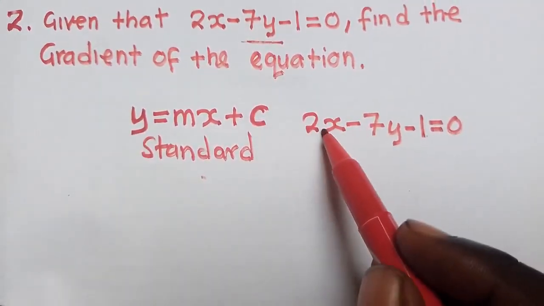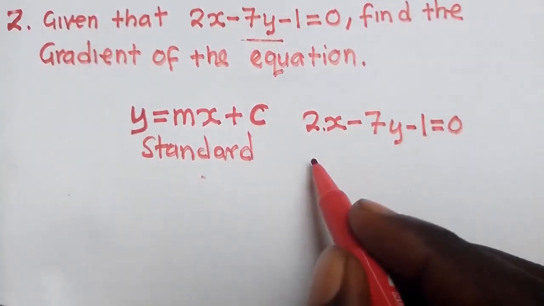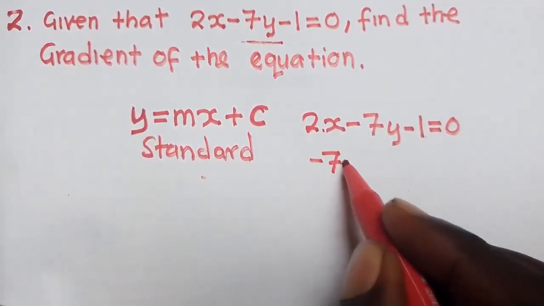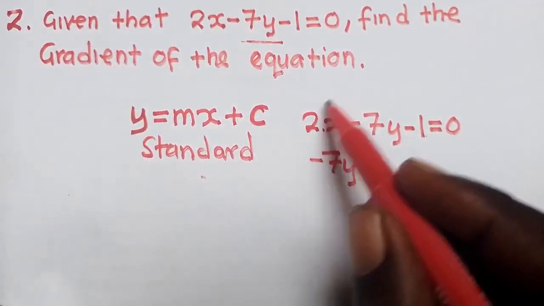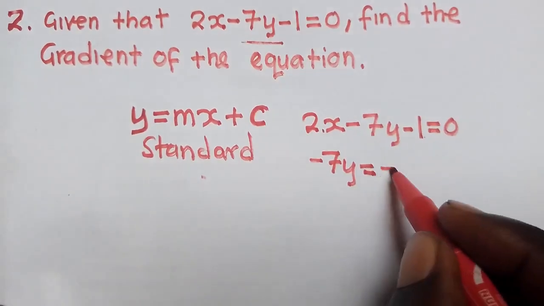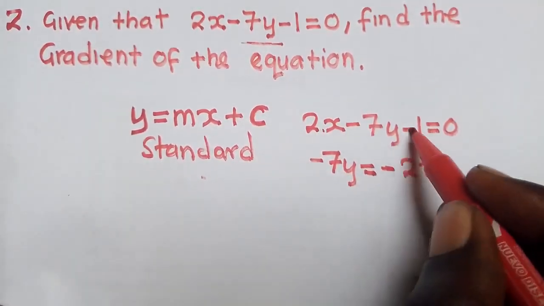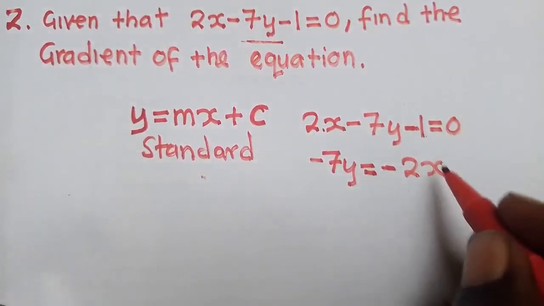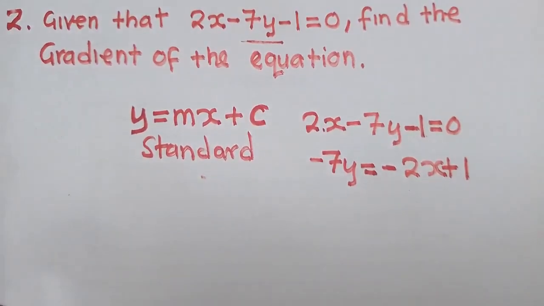Meaning these numbers, this one and that one, will go to the other side of the equation. You are going to have negative 7y is equal to negative 2x, and this negative 1, when it comes this side, becomes positive 1.